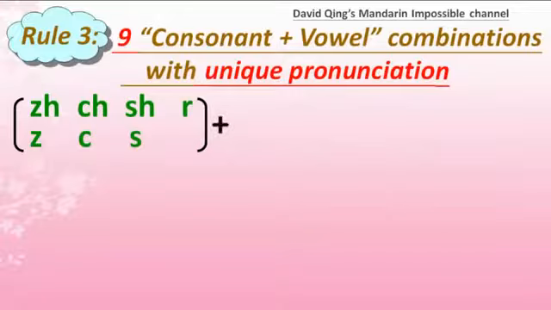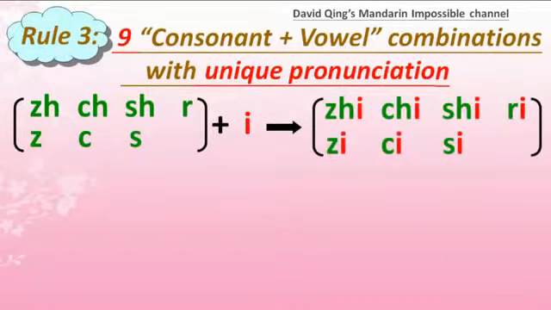When these consonants are combined with the vowel i, the pronunciation does not change. These combinations are pronounced as the original consonant-only sound. They are still pronounced zh, ch, sh, r, z, c, s.